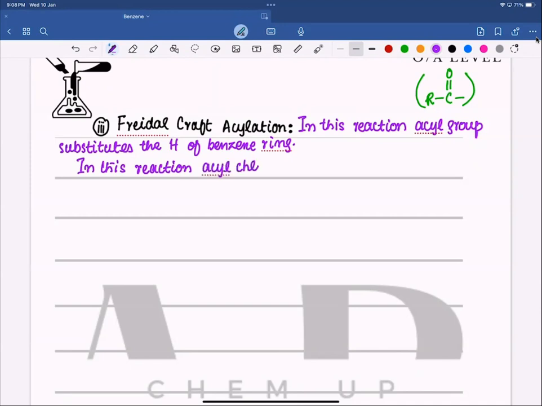So in this reaction, acyl chloride, and what is acyl chloride? Acyl chloride is the alkyl chain bonded to a carbonyl carbon, and that carbonyl carbon is bonded to a chlorine.